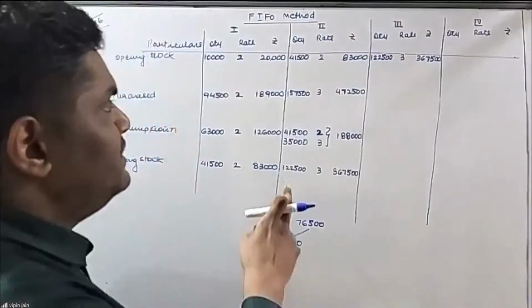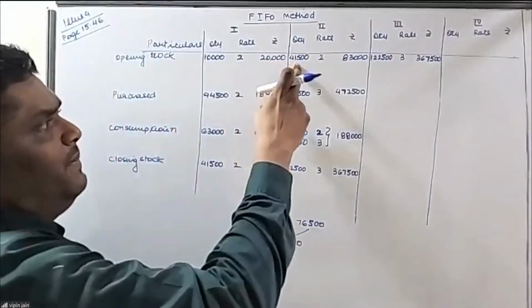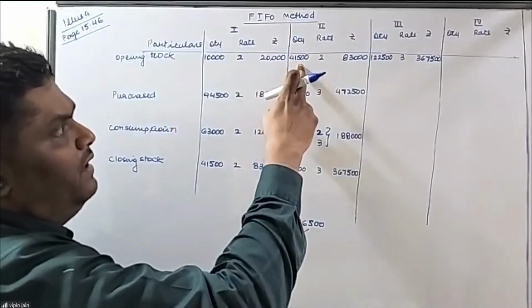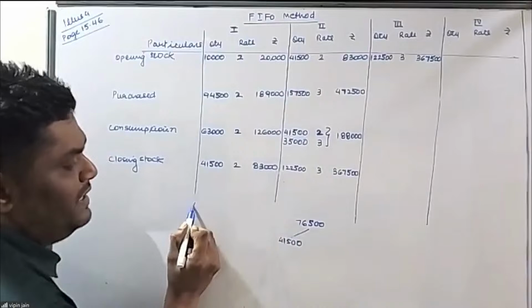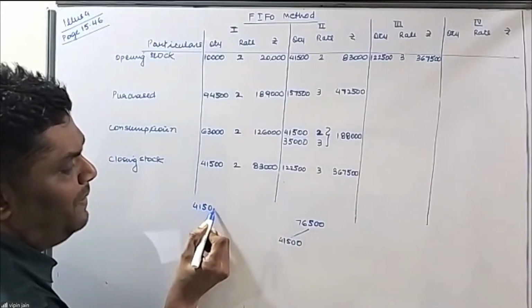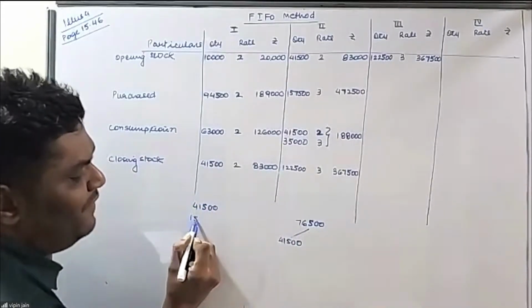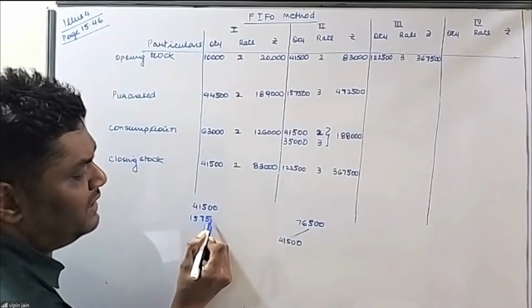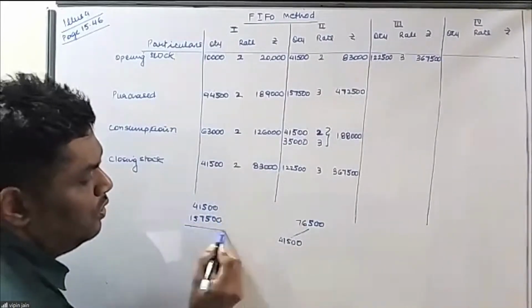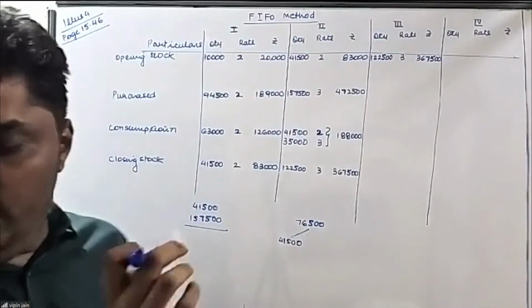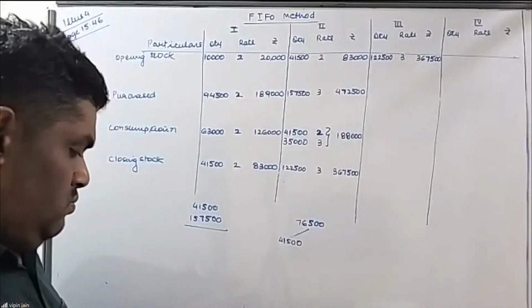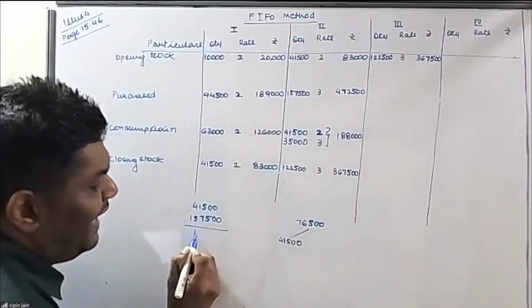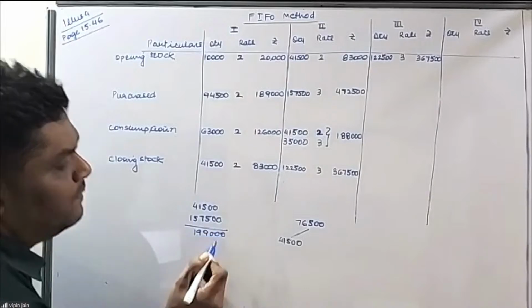Saba Shakeel asks how the closing balance came. See Saba, 41,500 is the opening stock. 157,500 we have already purchased. So total we have 1,99,000.